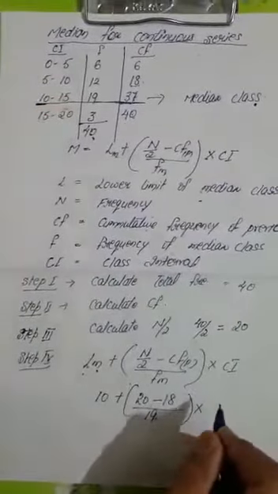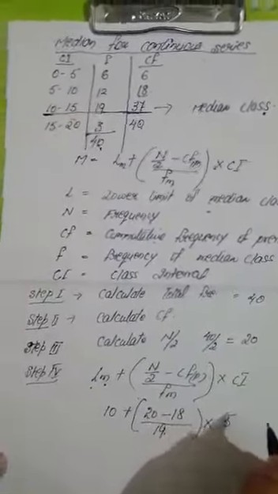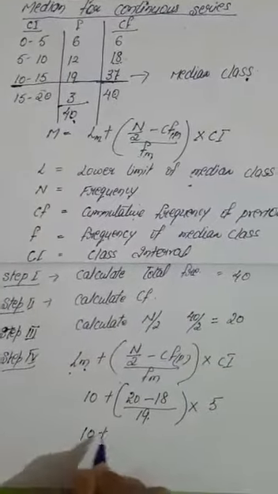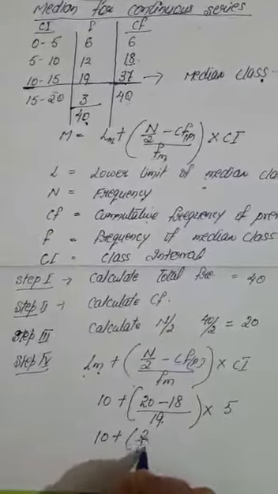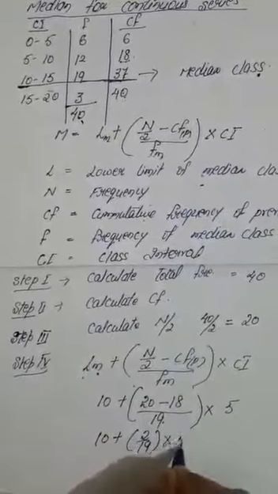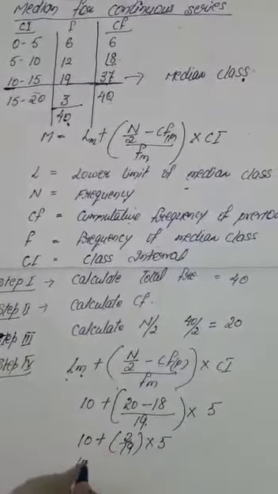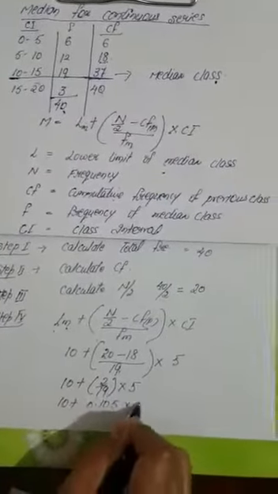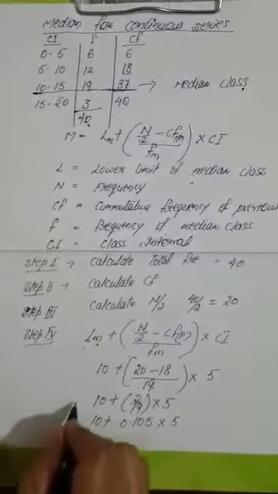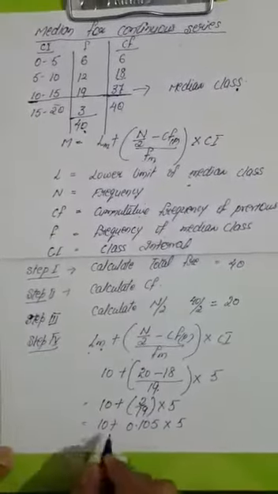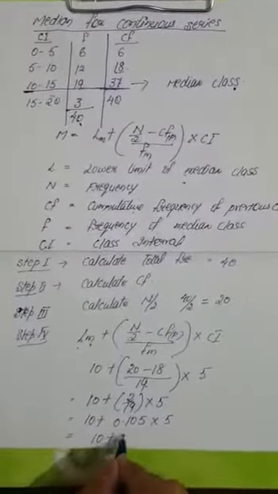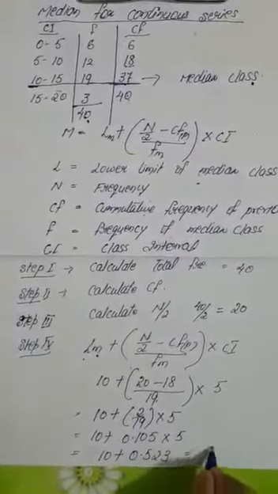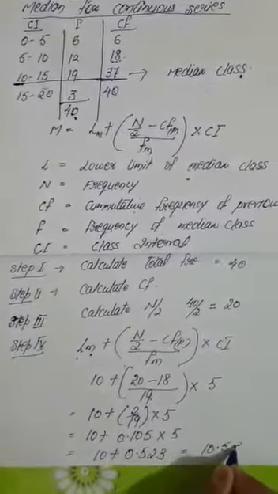Class interval is 5. Now do this calculation and find your answer: 10 plus 2 by 19 into 5, 10 plus 0.105 into 5, then 10 plus 0.523 is equal to 10.53.